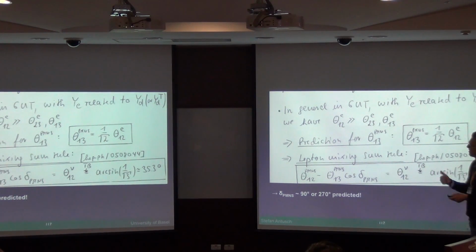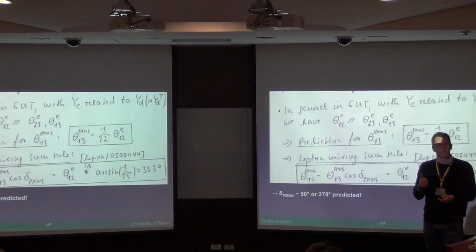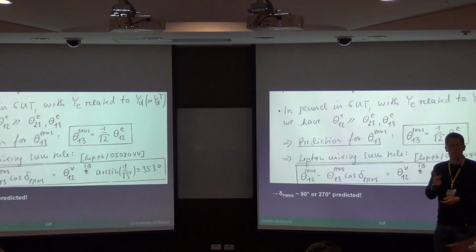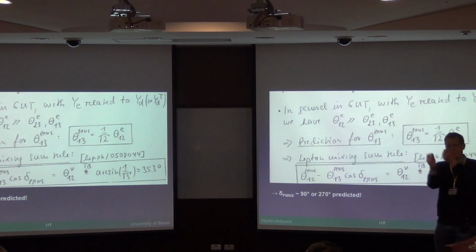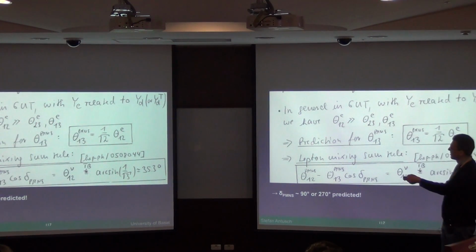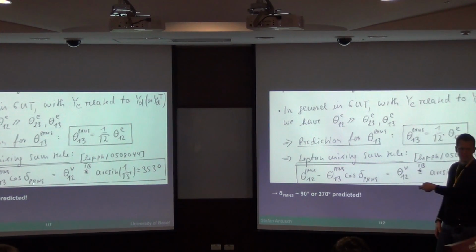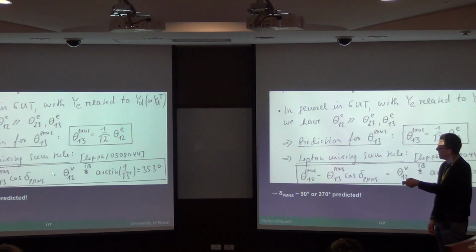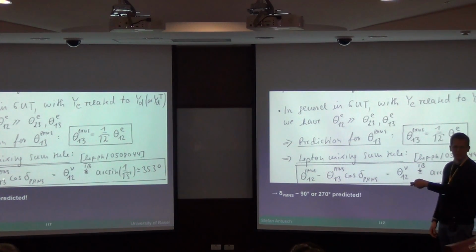This is one thing, and the other thing is you're also correcting your 1-2 mixing, of course. So you're commuting, and then you're subtracting from the 1-2 mixing in the neutrino sector. And now the interesting thing you can find is that this gives you this relation here, and there's a phase coming in. And this phase which is coming in here is exactly the testable Dirac CP phase of the PMNS matrix.